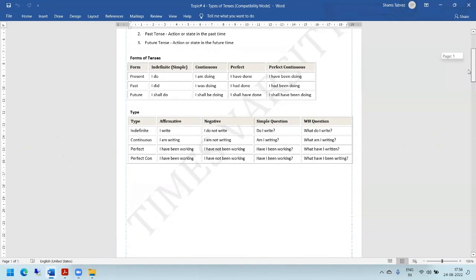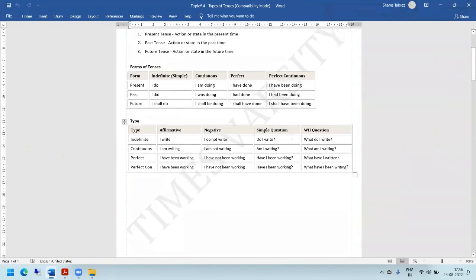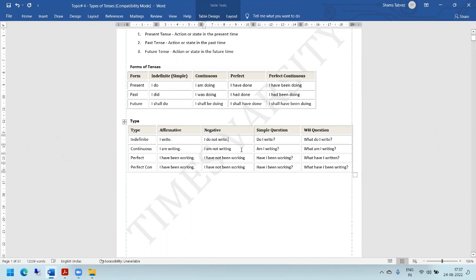So here, similarly, let me put a full stop here as well, because it should end with a full stop. In order to make our sentences grammatically correct, we need to take care of all parts of speech, punctuation, and all.